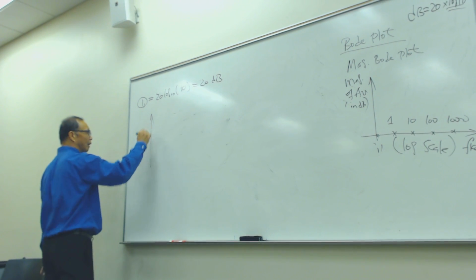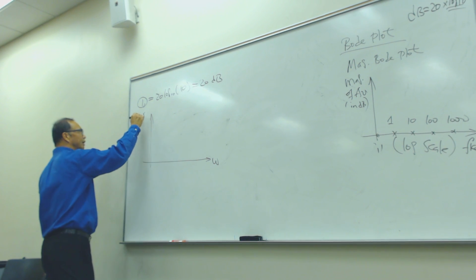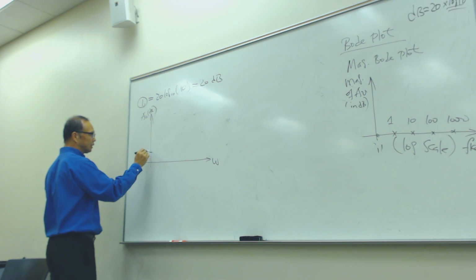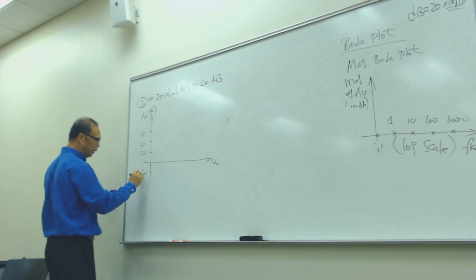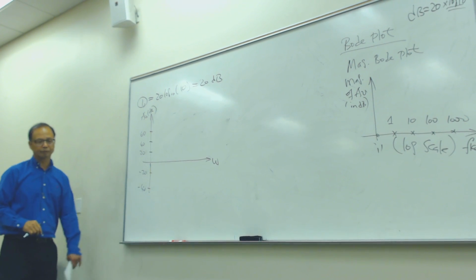So now you call this omega versus magnitude in dB. Say this is 20, this is 40, 60, minus 20, minus 40. Okay, so this is a linear scale.